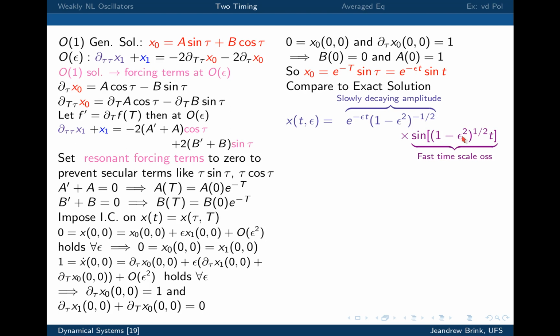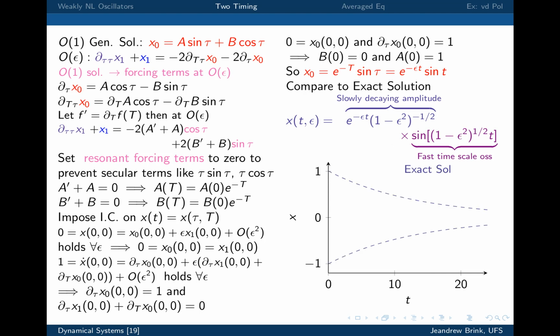In fact, if you go on and plot the two things, you can compare them. Now, let's just write down the exact solution. Remember, I plotted this envelope, so you have the decaying envelope times this amplitude. It looks something like this, and then you have the sine wave in the middle. So that's the exact answer. And I can plot the estimated solution over here, say for a given epsilon.